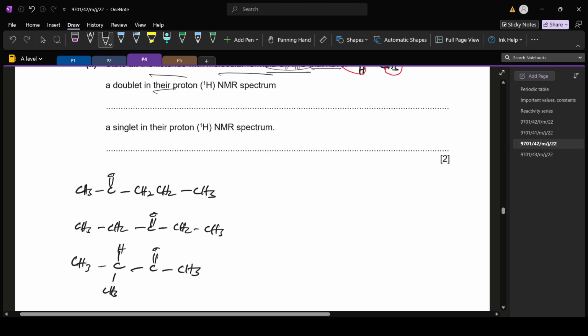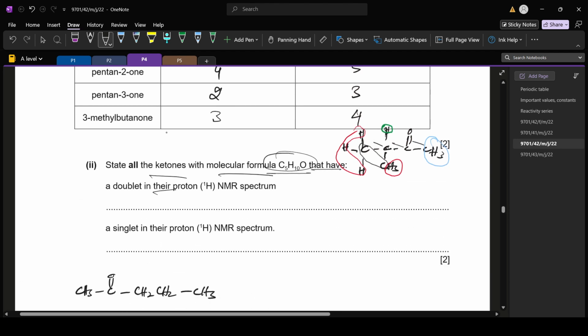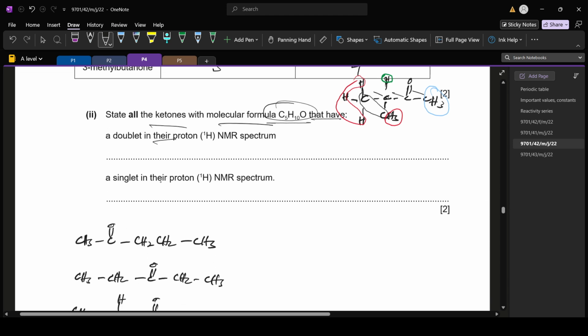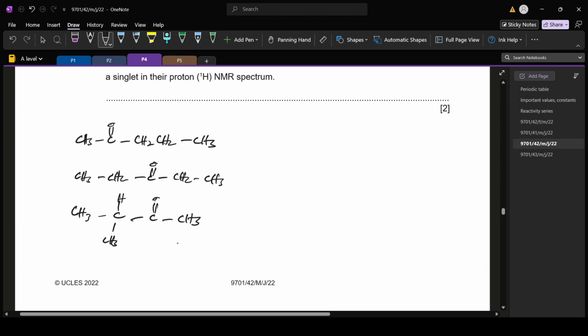The doublet will be given by a compound which has one hydrogen on its neighboring carbon. Let's consider this one. If you see the number of hydrogens on the carbon next to this carbon, it has only one hydrogen attached.